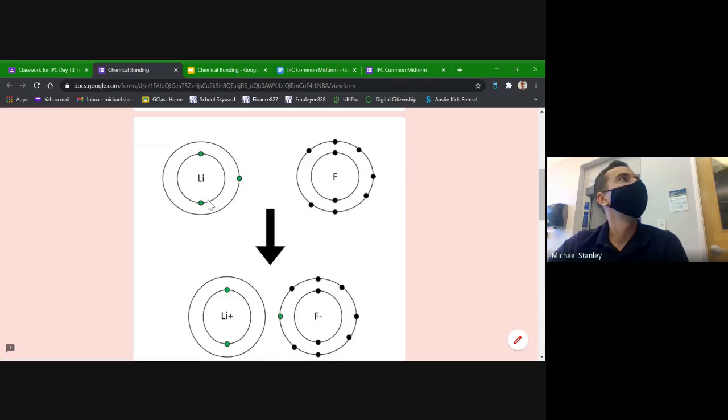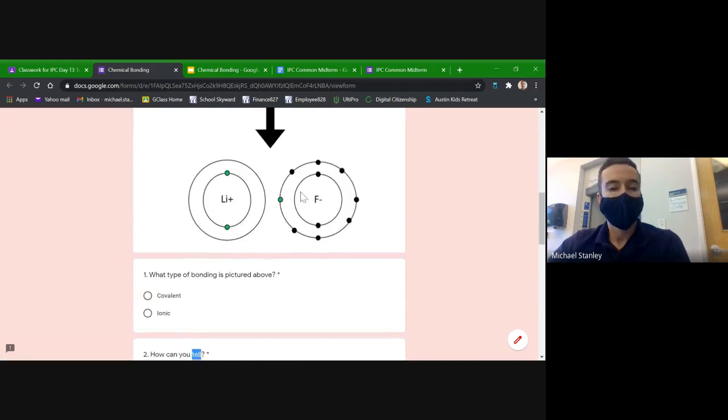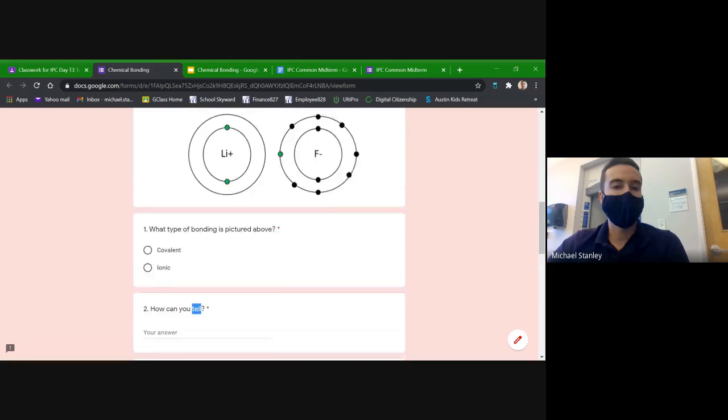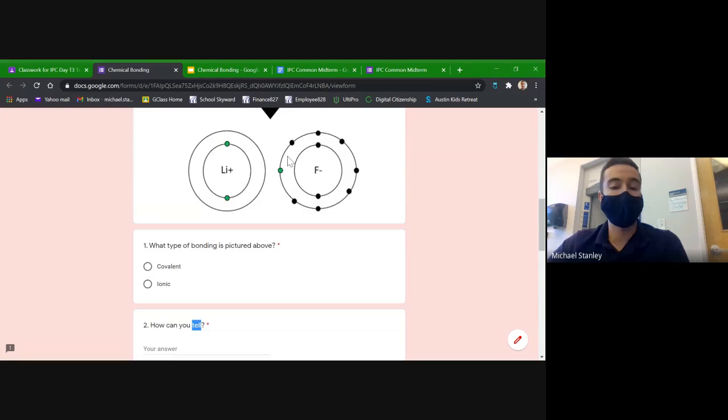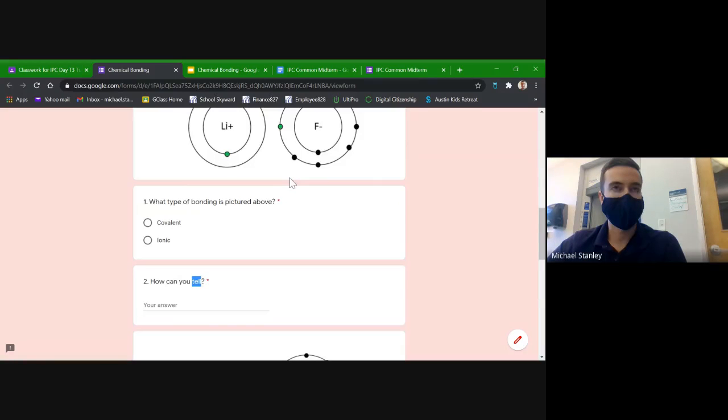Lithium has 2 on its first shell and 1 on its second, and fluorine has 2 and 7. Then I want you to say, based on what happened with the electrons, how does that tell you what type of bond it is?